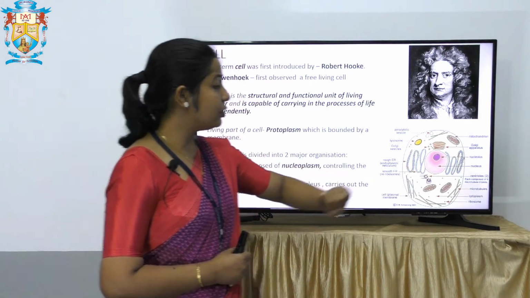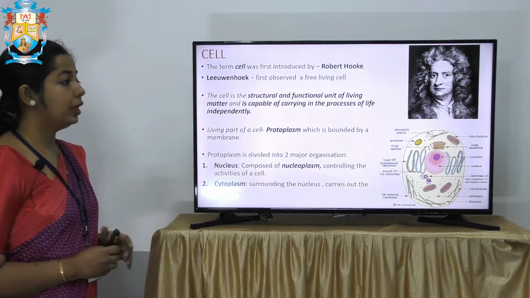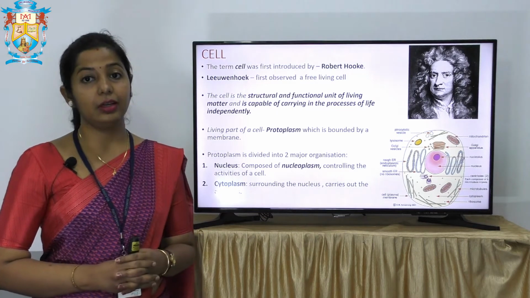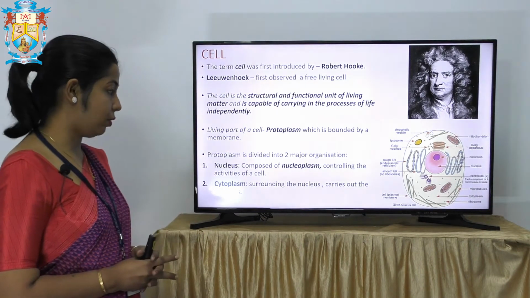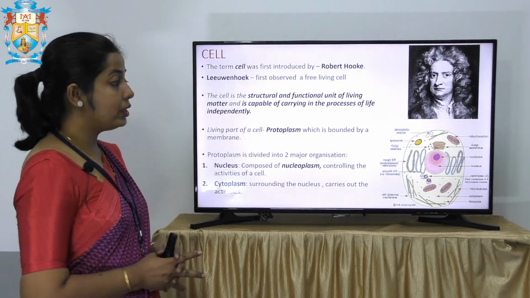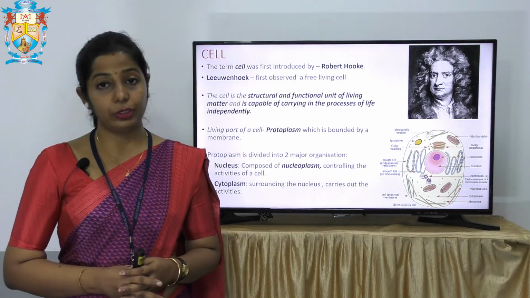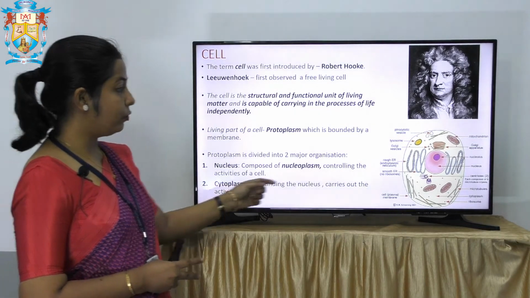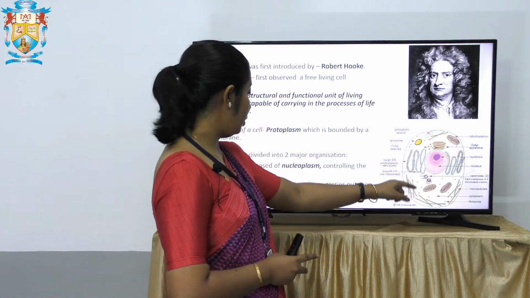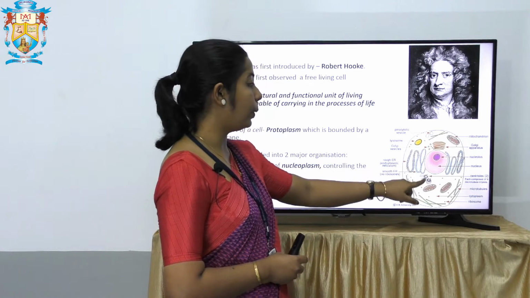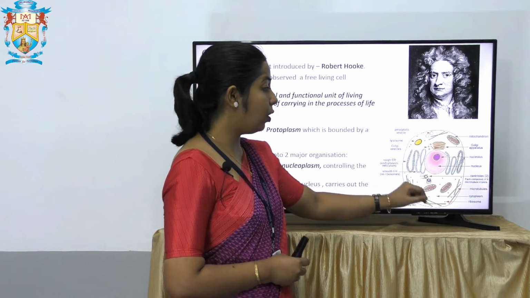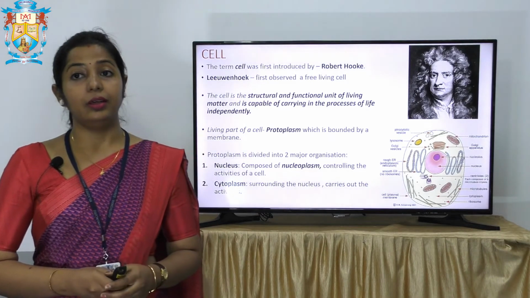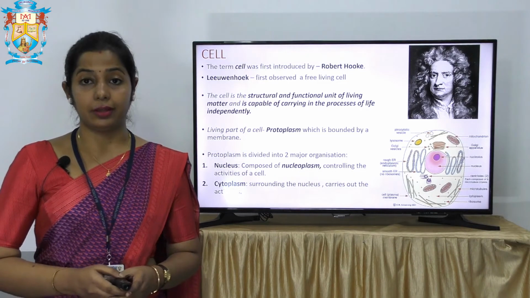The nucleus is composed of nucleoplasm, genetic material, nucleolus, etc. And the nucleus function is to control the activity inside a cell. The cytoplasm, which surrounds the nucleus, is where various cellular organelles are embedded, which carry out the activities of a cell.